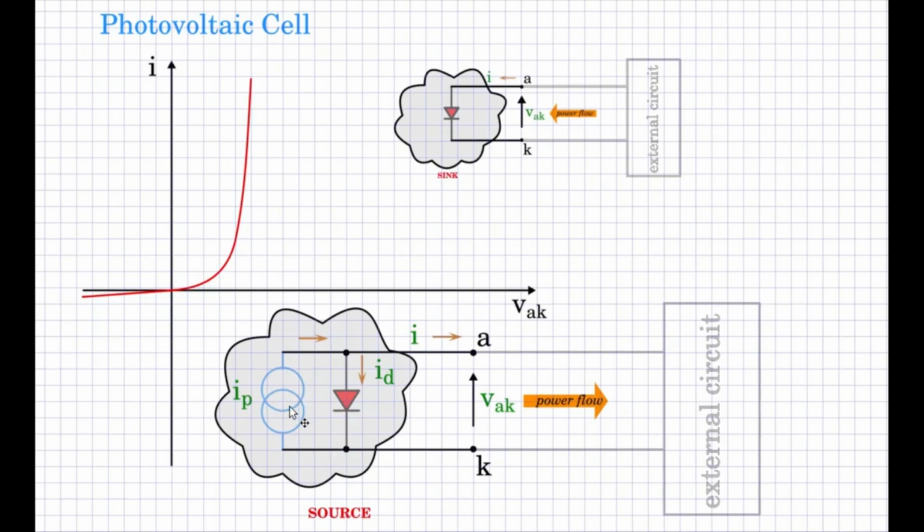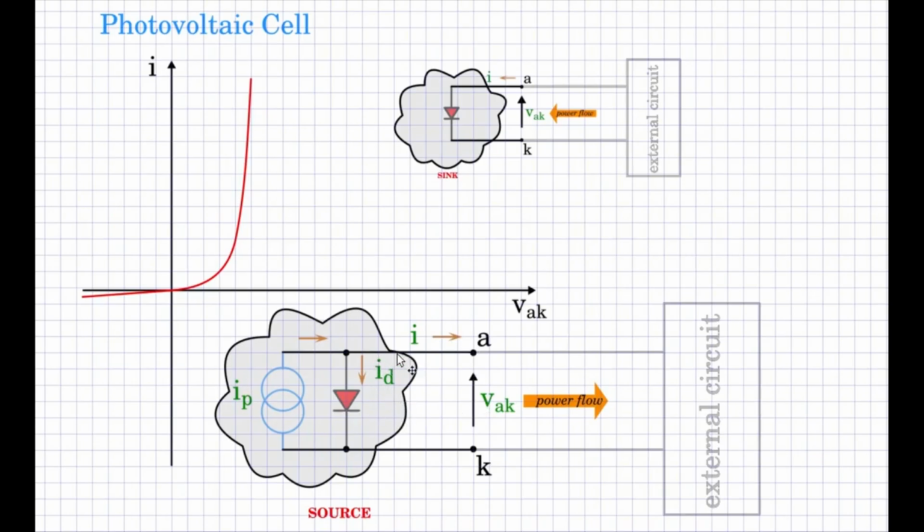This current source IP is actually the photocurrent, which is dependent upon the solar radiation intensity. The more the solar radiation intensity, the higher is the value of IP, the larger will be the current flowing out of the terminal, and therefore the power.